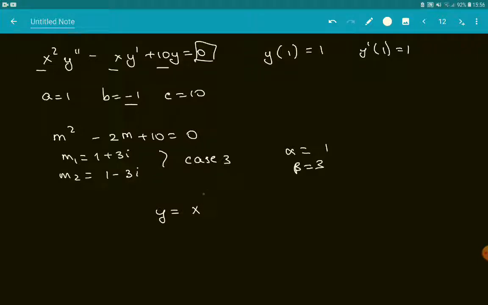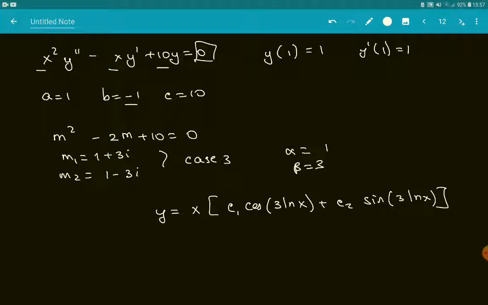So x to the alpha, which is 1, we can just skip it without writing. C1 cosine beta 3 ln x plus C2 sine 3 ln x. Yeah, that's our equation. That's for sure.